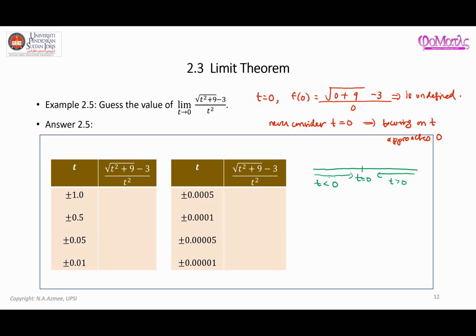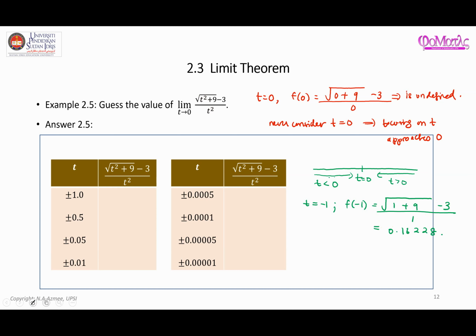As an example, if you consider t equals -1, the value of our function is going to be the square root of (-1 squared, which is 1, plus 9), that is the square root of 10, minus 3, over -1 squared, which is equal to 1. This results in the value of 0.16228.